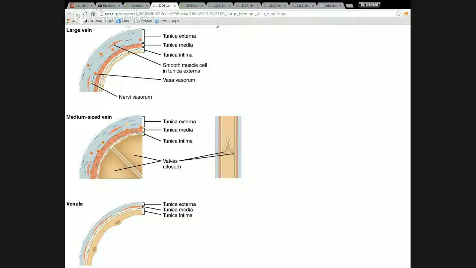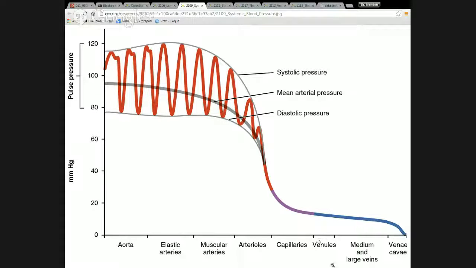Okay. But the point here, again, that I'm making is we have elastic arteries, muscular arteries, arterioles, capillaries, venules, and then we don't have a separate category for medium and large-sized veins because really they're not that distinctive categories. They're just veins. And then they put the Vena Cava at the end by itself, which is just one of the veins, just like the aorta is one of the elastic arteries.